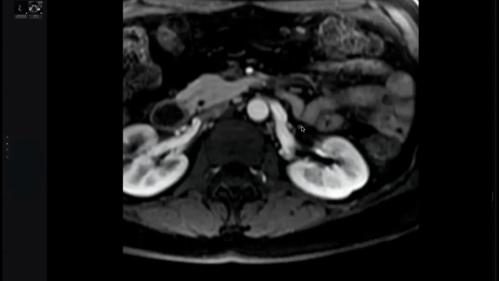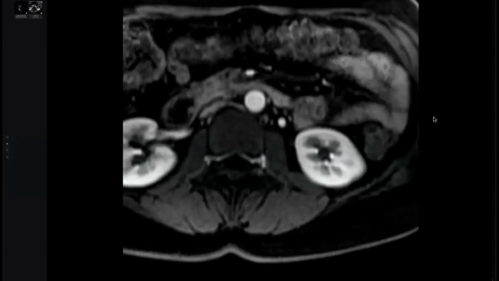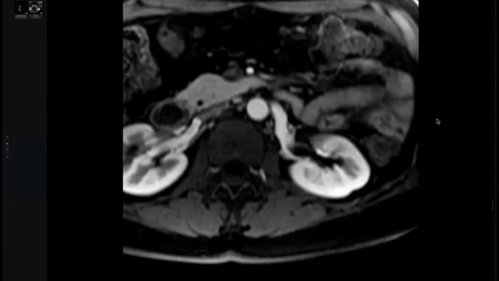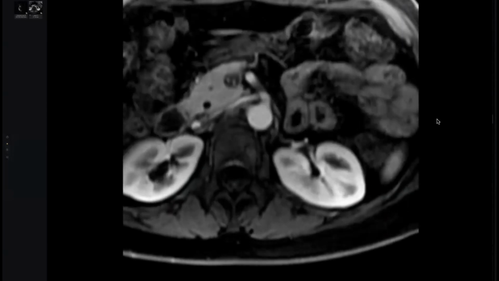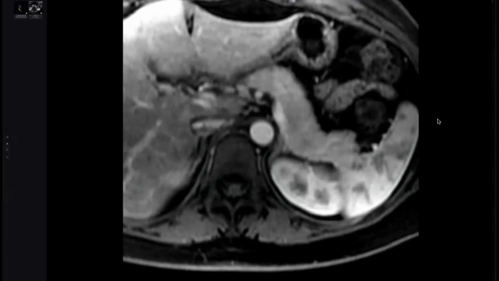A 30-year-old female patient presented with recurrent abdominal pain. This is the MRI of a 30-year-old female patient presenting with recurrent abdominal pain. First, I'm going to scroll from top to bottom to see any obvious abnormality.